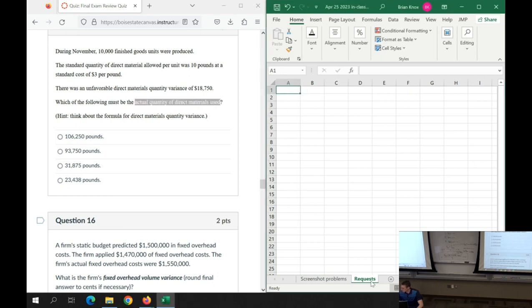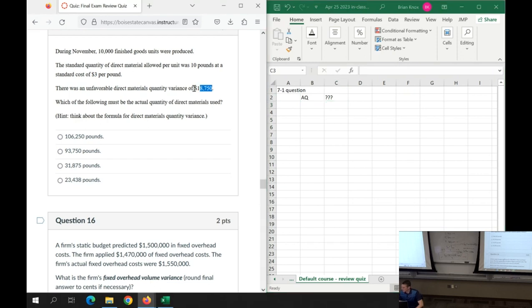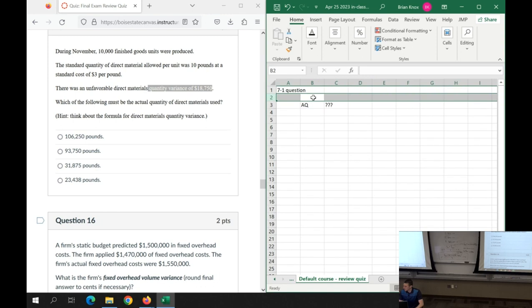We want to know the actual quantity. We don't know it though. We are given a bunch of other stuff and the quantity variance. So let's put in here the quantity variance equation.